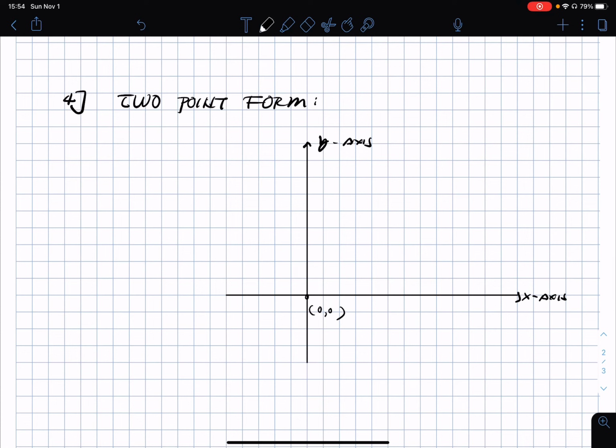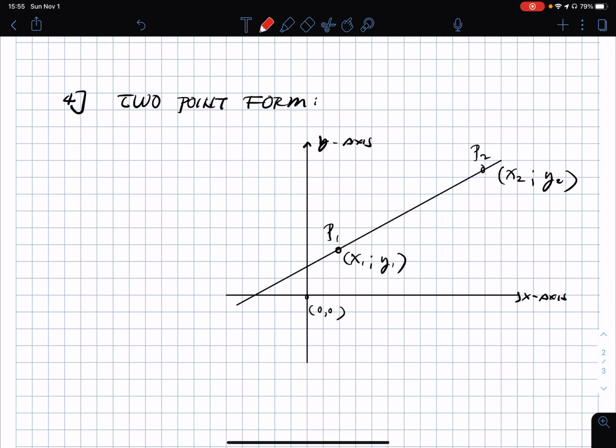The fourth equation of the line is what we call the two-point form. If we draw a line and select 2 points, point 1 and point 2, the coordinates will be x1, y1, and x2, y2.